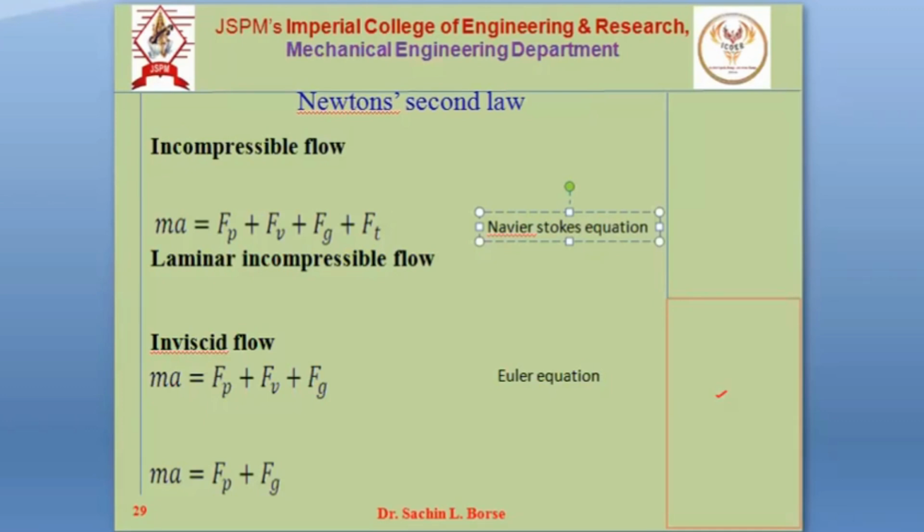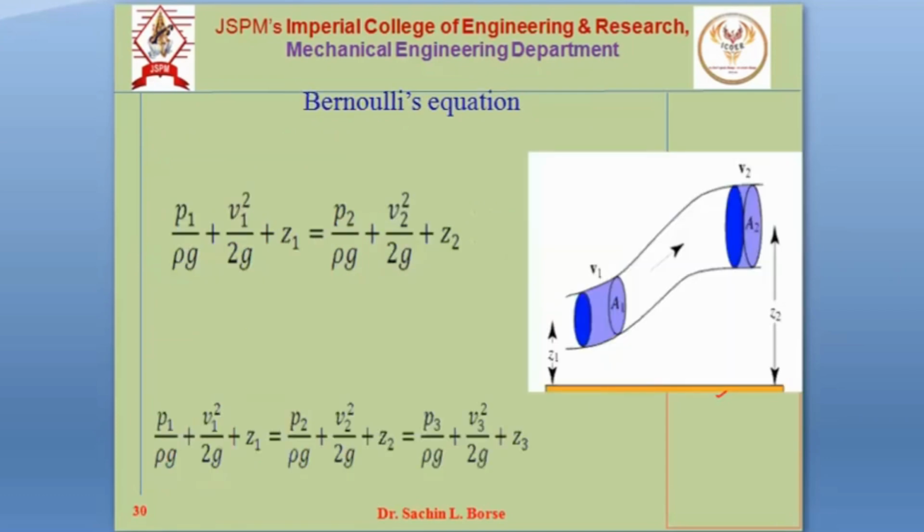One more concept which is related to fluid mechanics is what? Bernoulli's equation. Okay. What is that equation? What it tells is the summation of pressure head. Suppose this is a random pipe.